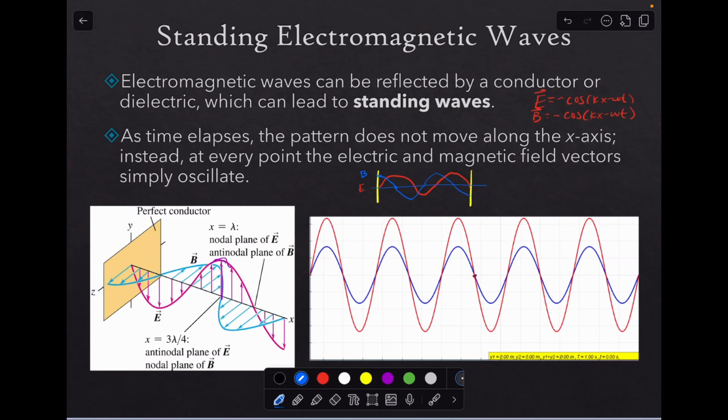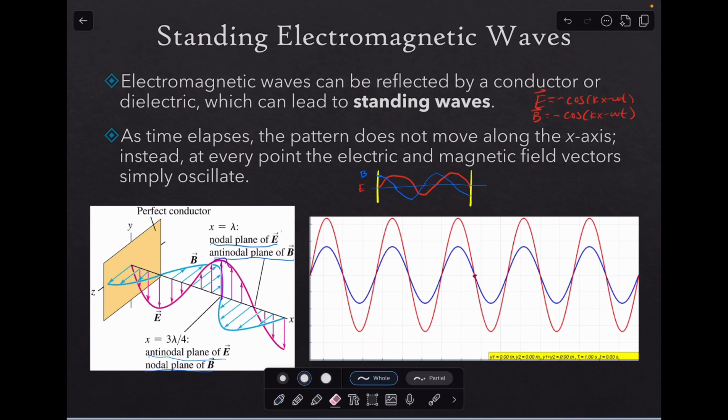So they're no longer in phase when they're in a cavity, when they're forming the standing wave pattern. E and B are out of phase. The nodes of E occur at the antinodes of B, and vice versa. The nodes of E are when E equals 0.